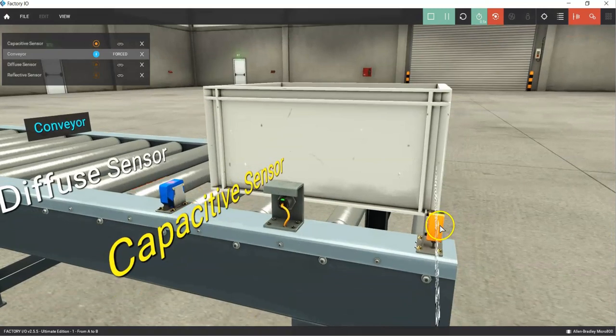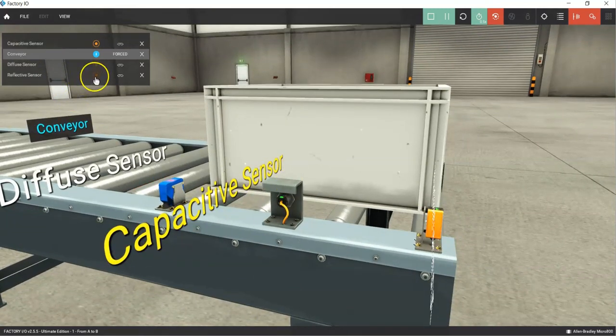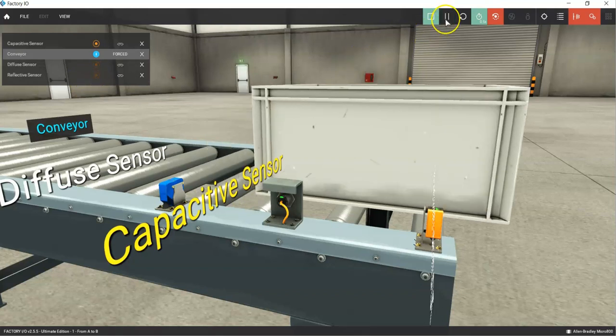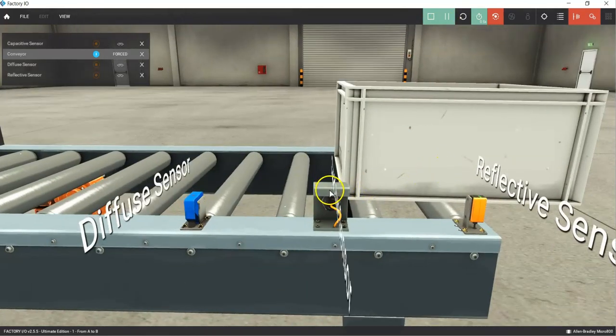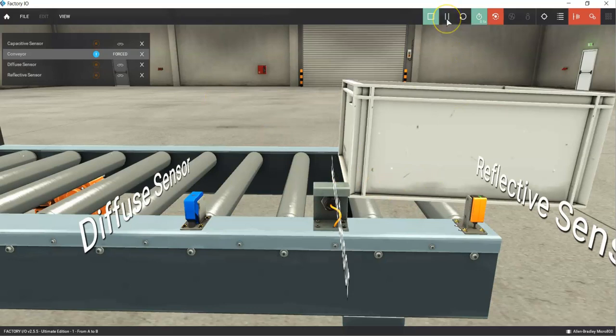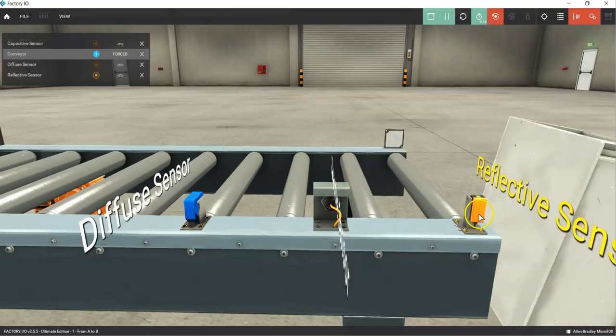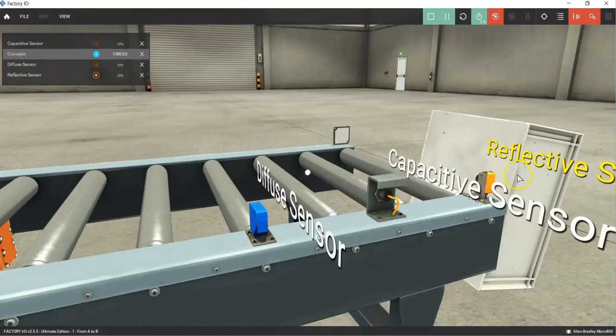You can see we can't see the reflector any longer. And now it has dropped off. So now we're past the capacitive sensor, so it has turned off, back to off. And then if I go ahead and move this box off of the table, we see now that the reflective sensor turned back on because nothing's breaking the light beam again.